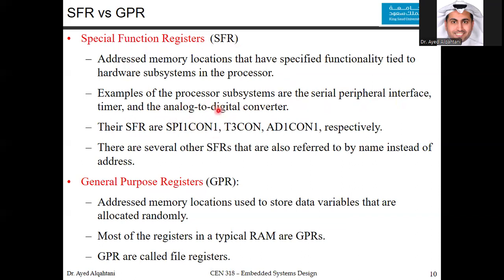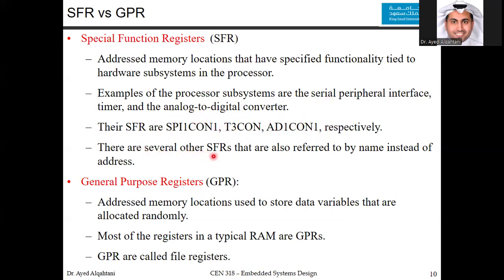And for the timers, you have the timer 3 control register. We have the timer 1 control register and the timer 2 control register as well. We will talk about this when we get to the lecture about the timers. For the analog to digital converter, for example, this is one of its special function registers, AD1 control register number 1, respectively for each one of them.